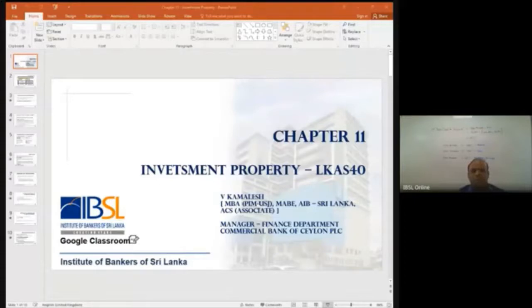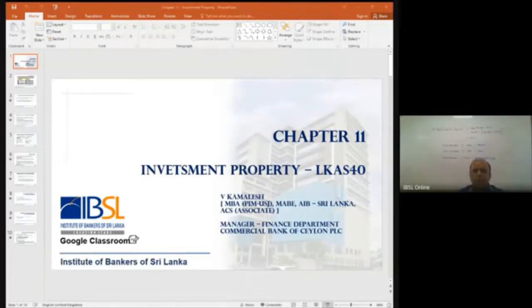Depending on the purpose for which you hold it, as we learn, it will vary between property, plant and equipment and investment property.